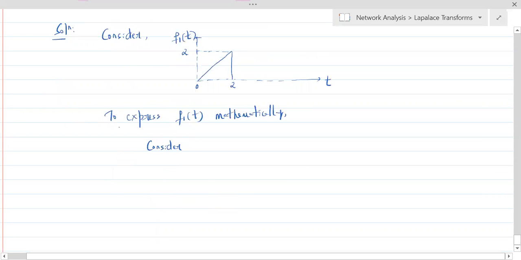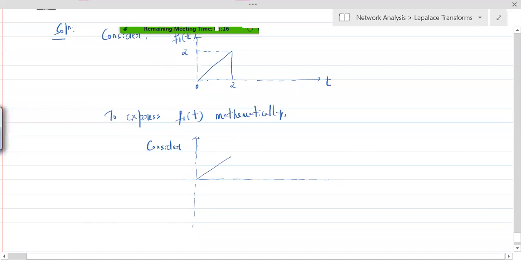See here, I need to consider a signal which is like this. Everybody okay with this? This is 0. At 1, it is 1. At 2, it is 2.